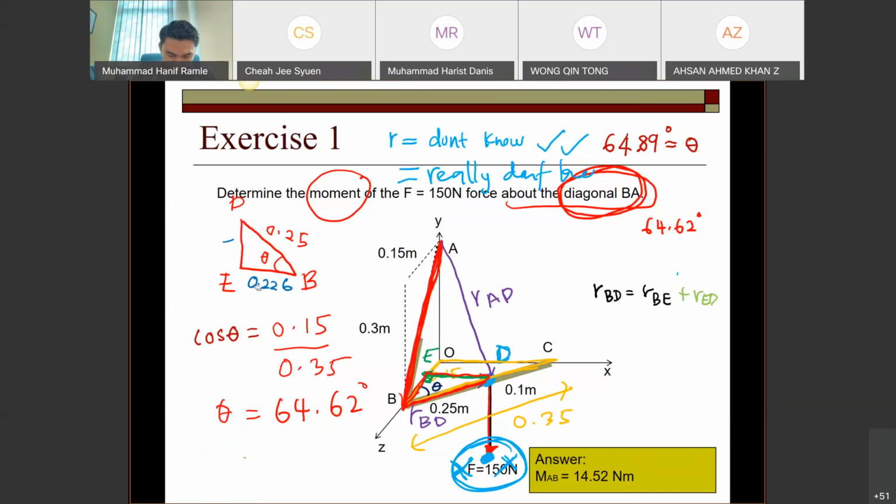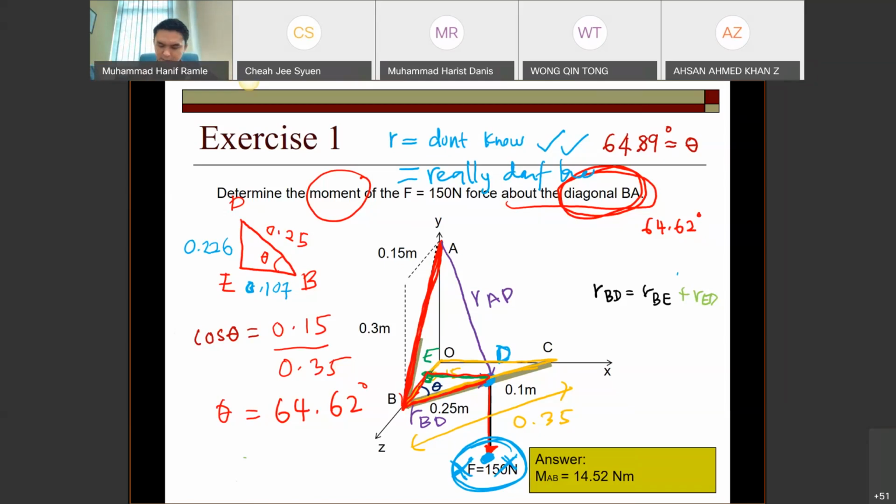Let me erase first. Okay, EB is 0.107, ED is 0.226. Can someone else check the answer? Check first before I proceed. Do you get the same answer, everyone? Yes, doctor. Okay, great, then I can proceed.